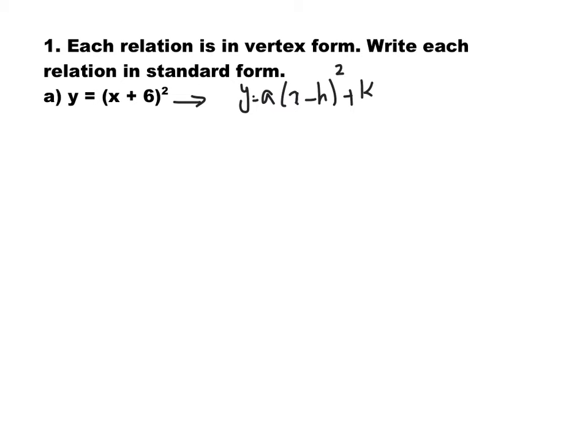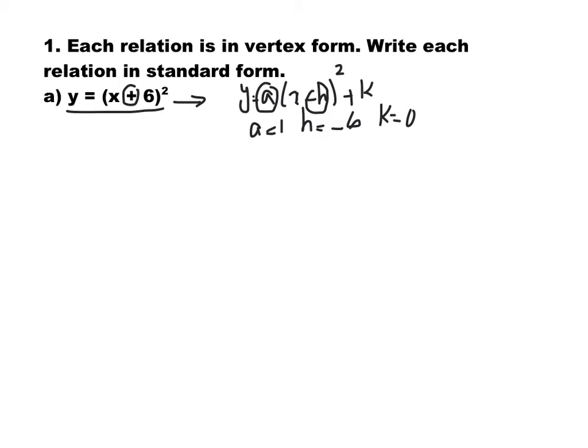If I compare this one with this equation here, you can see that a is equal to 1. Now, if you look at here, this is plus 6. The formula says minus h. So obviously, h has to be minus 6, because minus h is minus 6 gives us plus 6. And your k value, there is nothing here, so your k is 0.